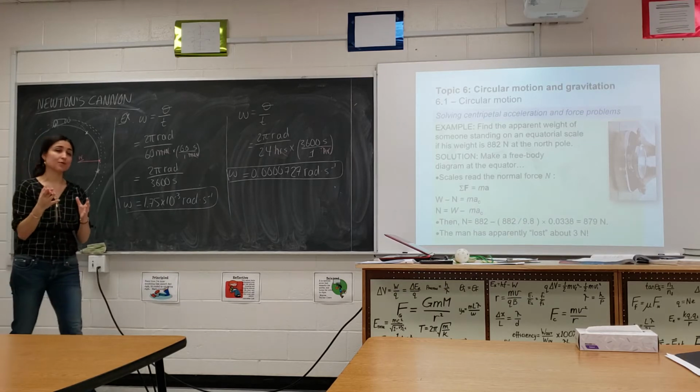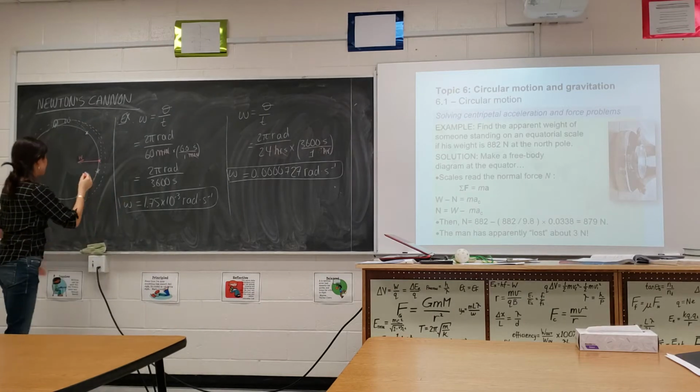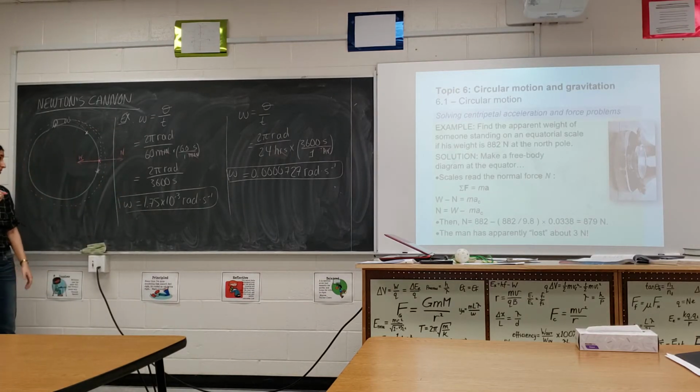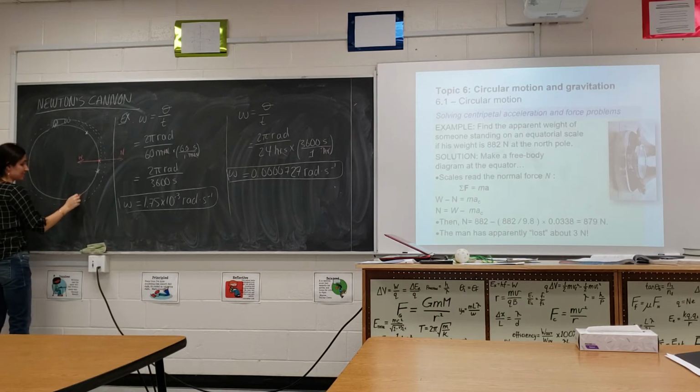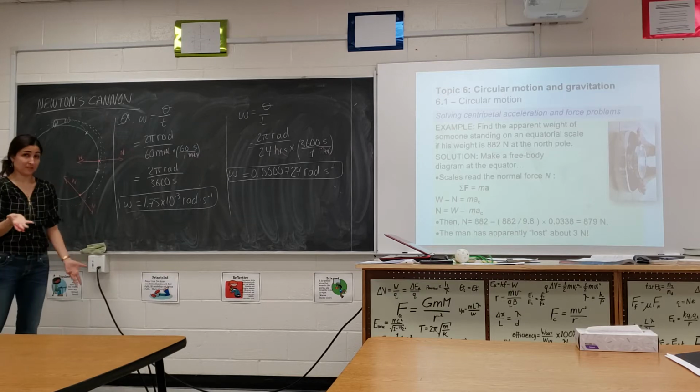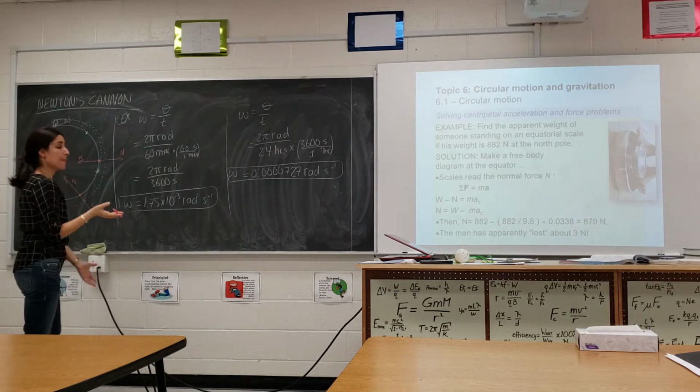Normal force is perpendicular to the surface, so my normal force is going out. Now, that's true for any point that you pick. If I pick someone down here in the southern hemisphere, my weight is still going towards the center of the circle, and my normal force is still perpendicular to the surface. They're still in opposite directions. That's fine. It doesn't matter where you draw it.